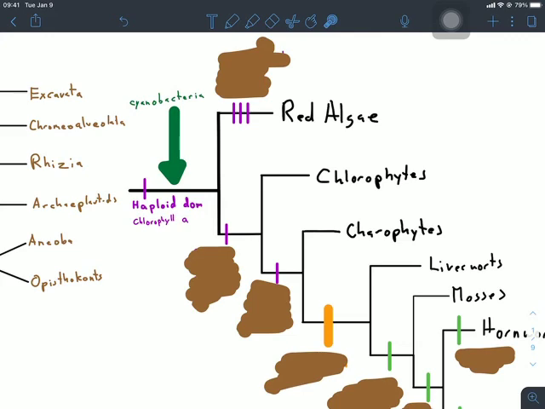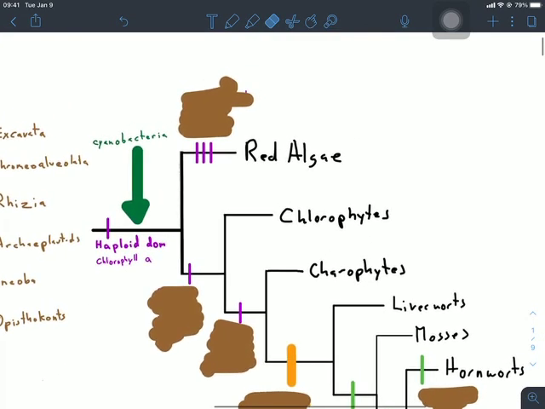And of course, with each branch point, we have traits, synapomorphies, that are specific to each group. The red algae, as hopefully you'll remember, are differentiated from the green algae by a couple of different mechanisms. Two in particular that have to do with the way that their chloroplasts function.